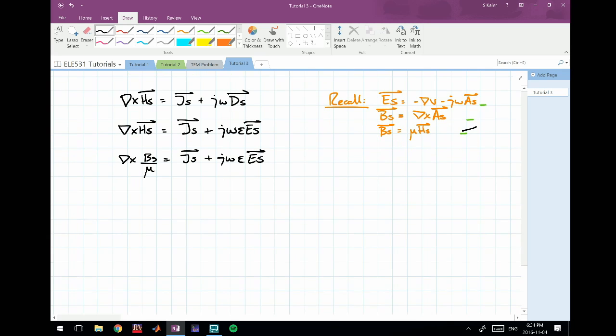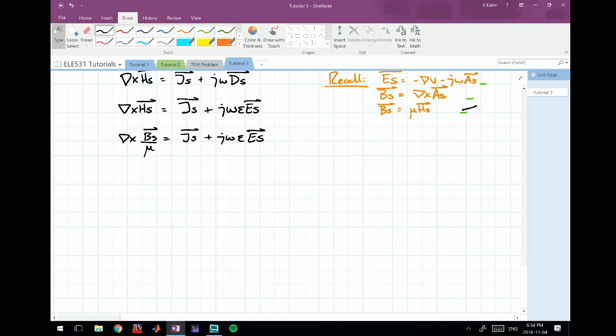Now I can multiply the mu up, so the curl of Bs is mu Js plus j omega mu epsilon Es. Everybody with me so far?